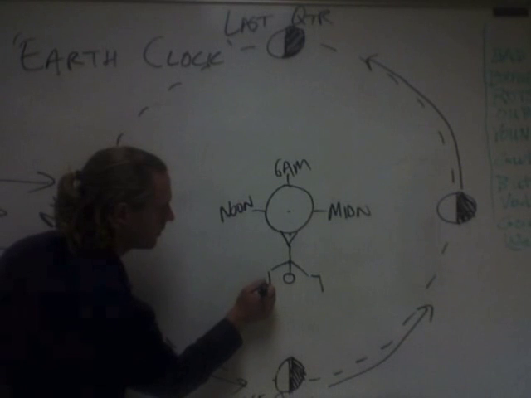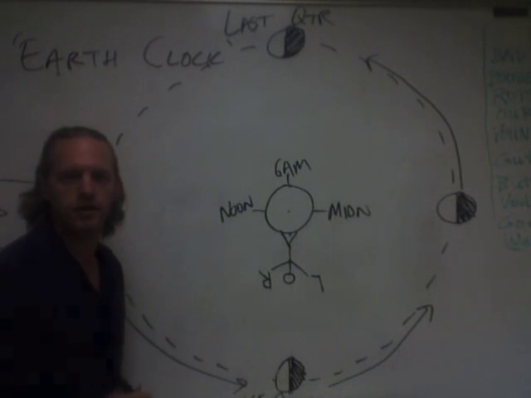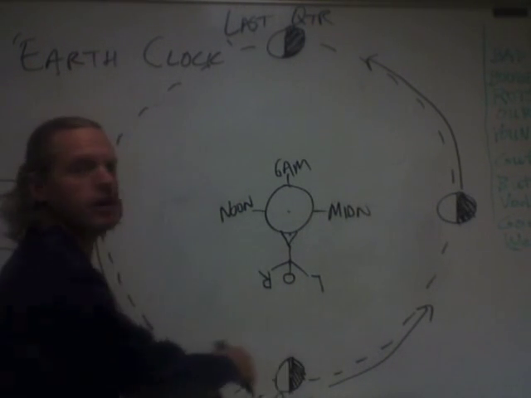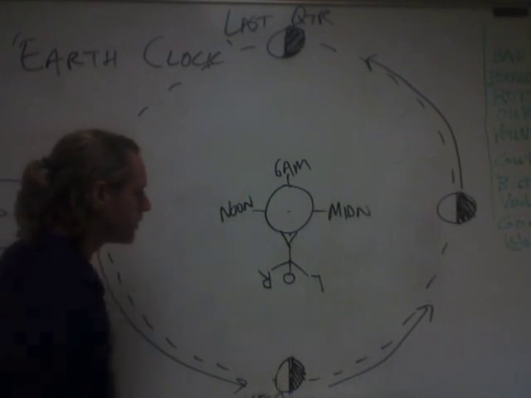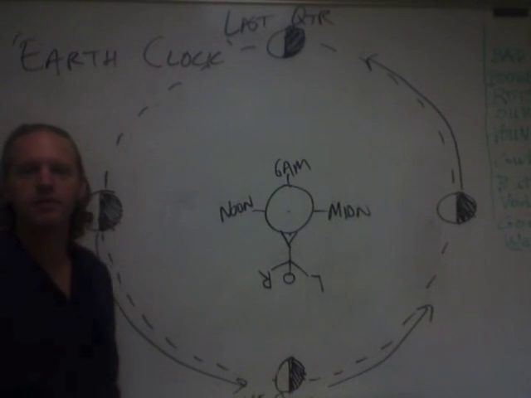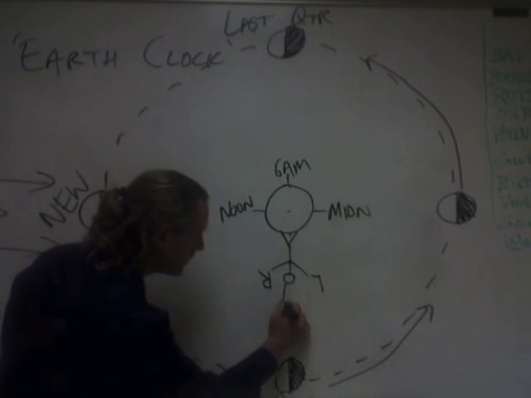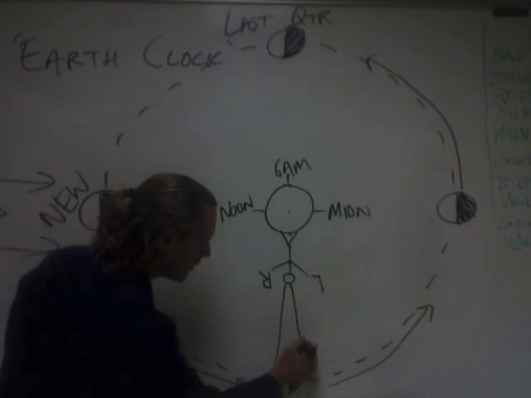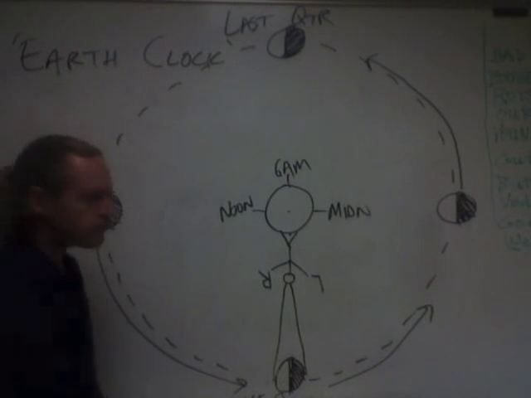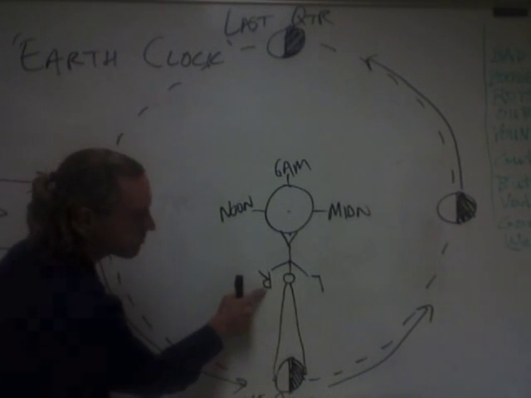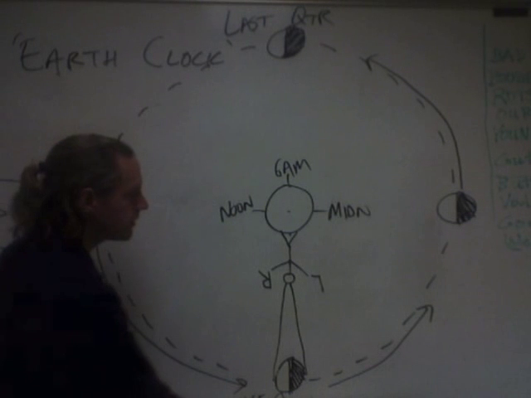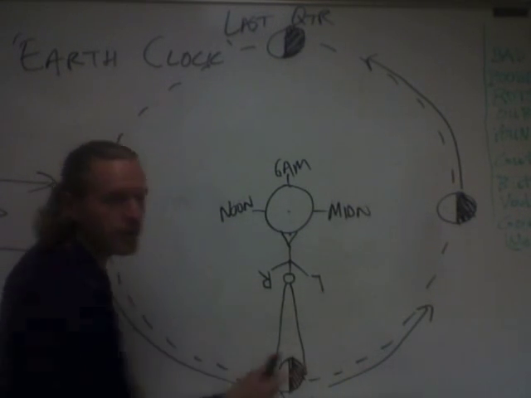And this is his right hand. So even though from our point of view out above the plane of the Earth, the moon is situated like that, this person here, that's his left side and that's his right side, when he looks up and he sees the moon, so that's his view, he's going to see the lit up side of the moon on his right side, and he's going to see the dark side of the moon on his left side.